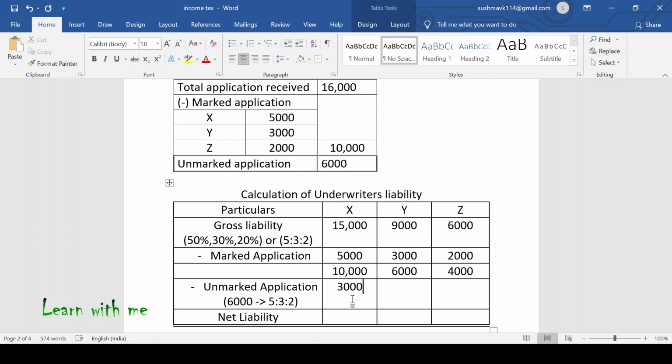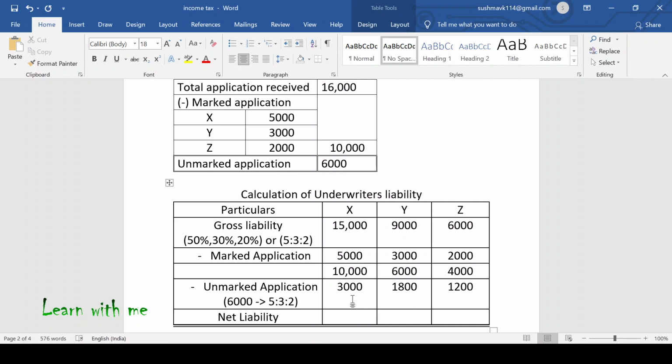So the next one is 6,000 into the percentage for Y, which is 30%, right? So 6,000 into 30% will give me 1,800. The next, in case of Z, 6,000 into 20% will give me 1,200.